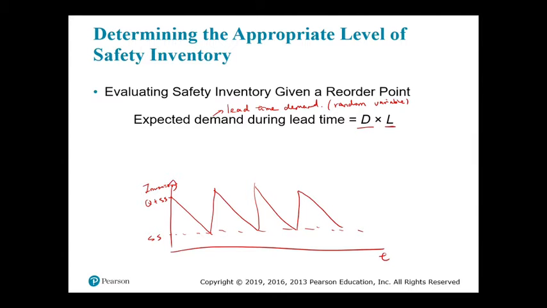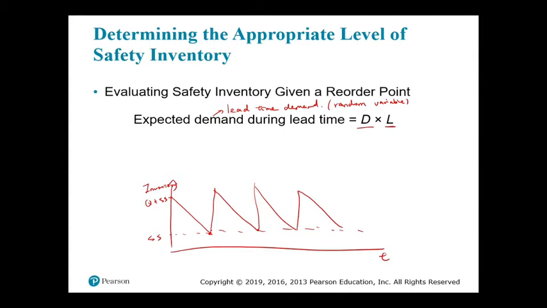Then the safety inventory level is such that on average, I expect that the lowest point of my inventory is at least the safety inventory level, right? So at all times, if demand happens to be at my forecast level, I expect to have at least the safety inventory amount in my warehouse. Okay, so now we know these are our lowest points.